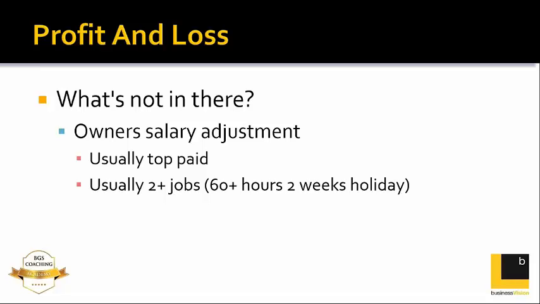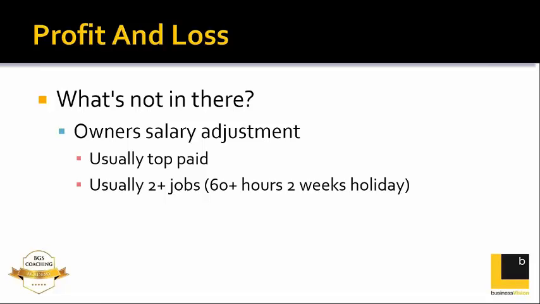And in my experience, those owners typically work longer hours than employees would. I would usually argue that they often have the equivalent of 2 jobs. They're working 60 plus hours a week, and they often will only have 2 weeks holiday a year, which, compared to what a salary would be for anybody else, is 2 jobs.